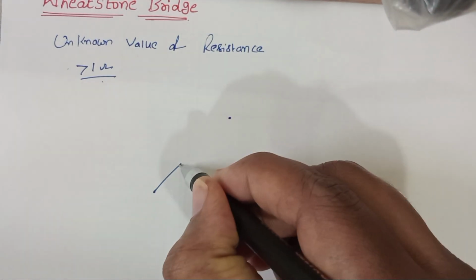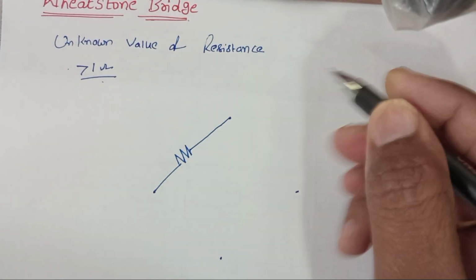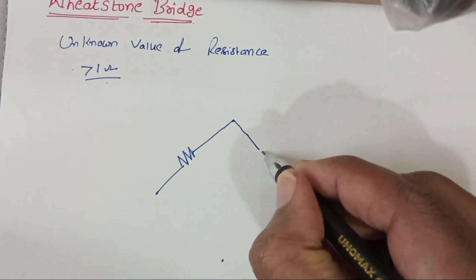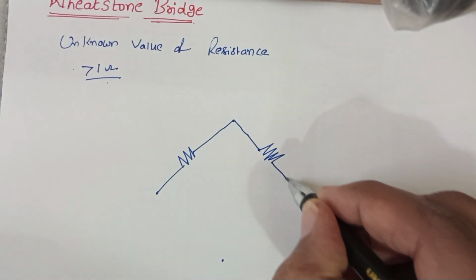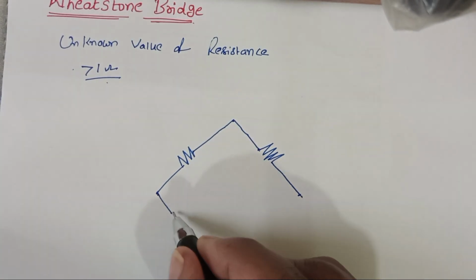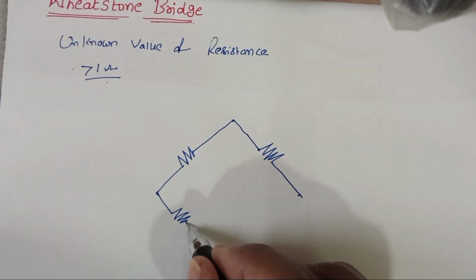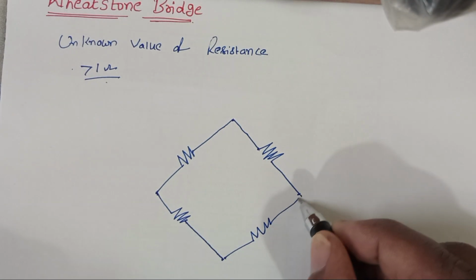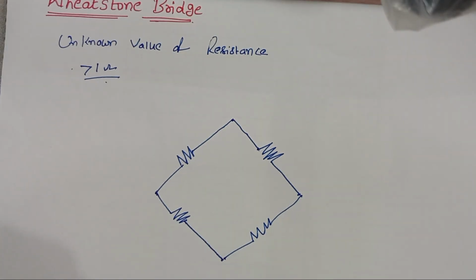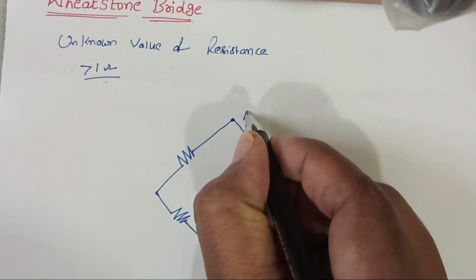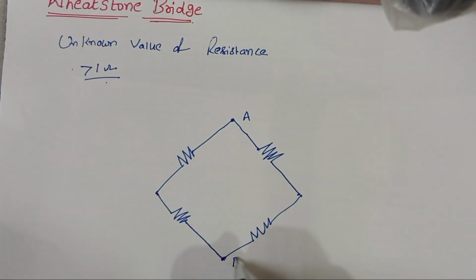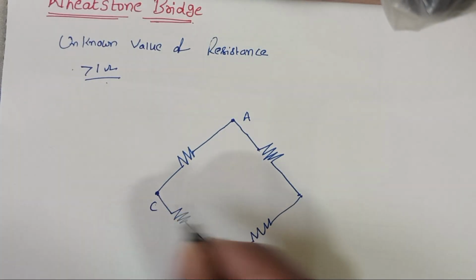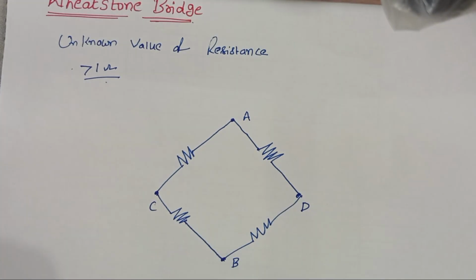It is the first arm, the second arm, the third arm, the fourth arm. These are the four arms, and I am naming the terminals A, B, C, D.